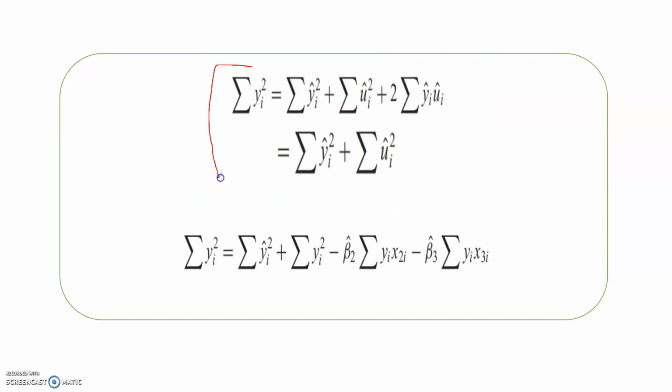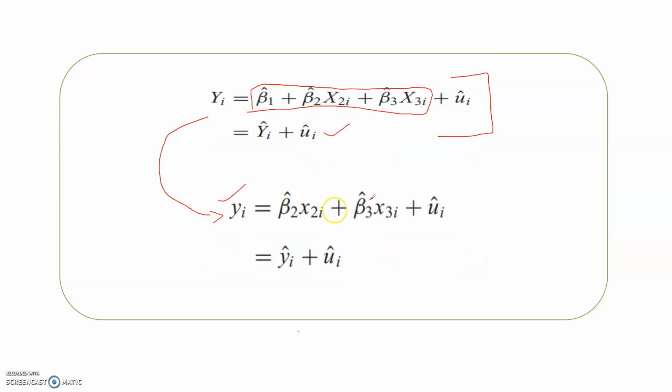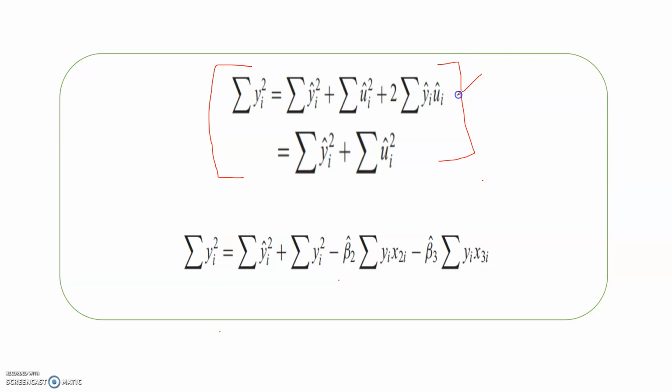Now after squaring both sides and summing over the sample values, we have reached this equation. This is simply the application of the formula of a plus b whole square. So we are squaring this, a plus b whole square. That is how we have reached here.